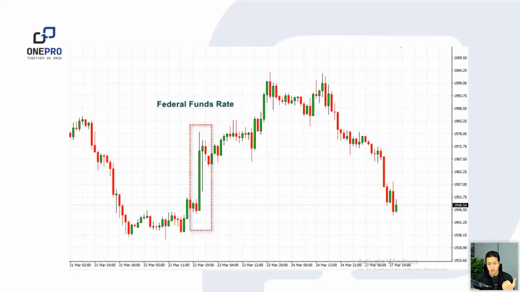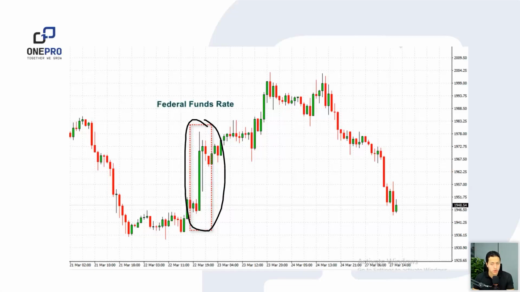You can see this upward spike in gold prices that happened on the 22nd of March, during which we had a meeting from the Federal Reserve. They raised interest rates by 25 basis points. So yeah, higher interest rates, basically, we can see the effect on the markets.